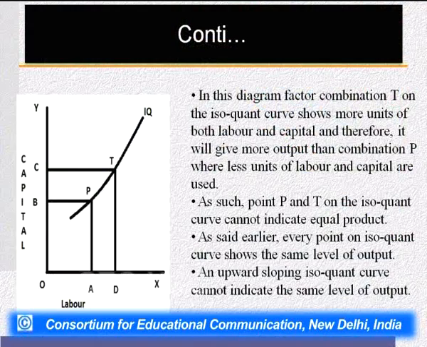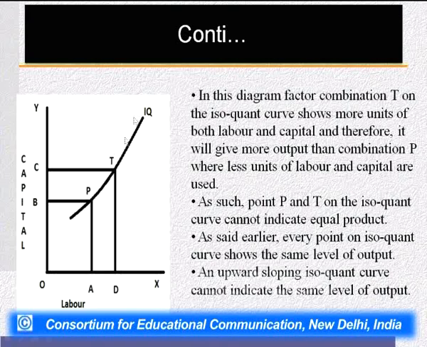You can see over there what we discussed. In this diagram, factor combination T on the isoquant curve shows more units of both labor and capital, and therefore it will give more output than combination P, where fewer units of labor and capital are used. Here you can draw what I said.